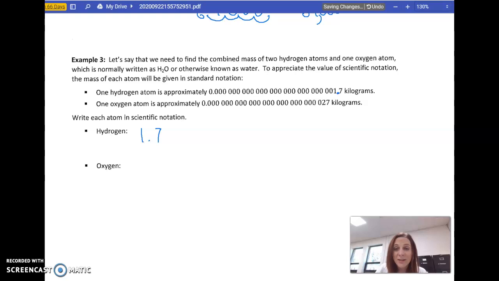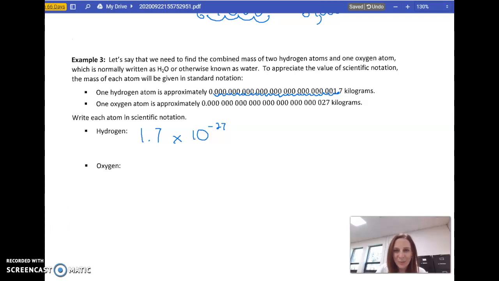Let's count decimal places. 1, 2, 3, 4, 5, 6, 7, 8, 9, 10, 11, 12, 13, 14, 15, 16, 17, 18, 19, 20, 21, 22, 23, 24, 25, 26, 27. So this is going to be 1.7 times 10 to the -27th. Remember, that has to be negative because this is a very, very, very small number.